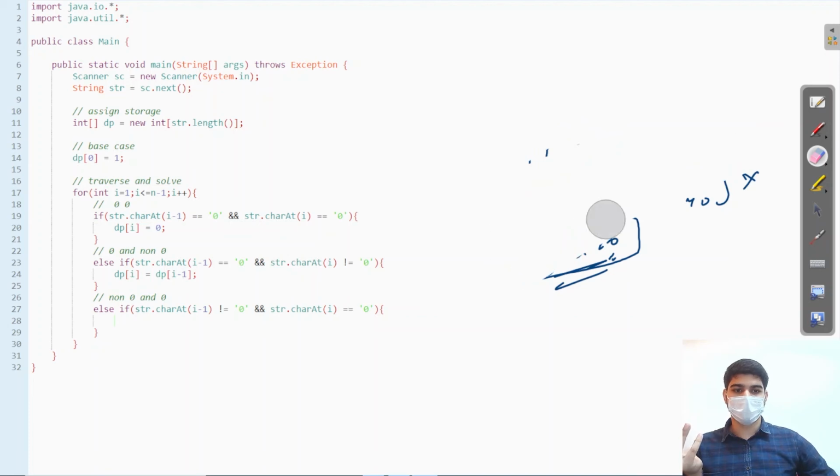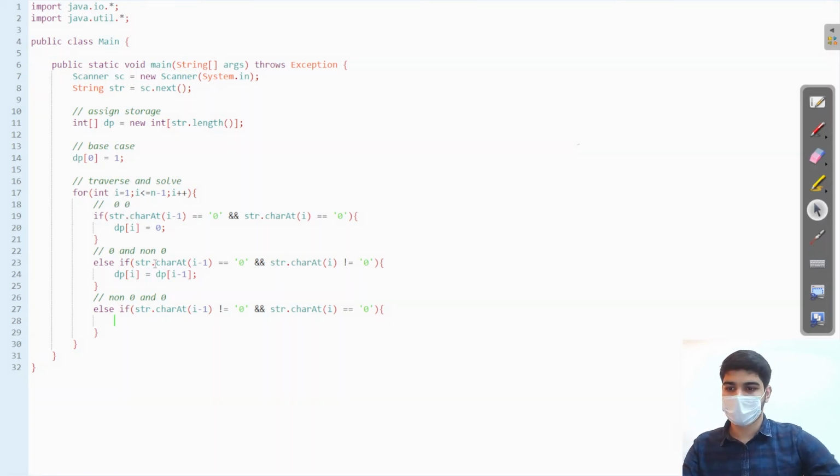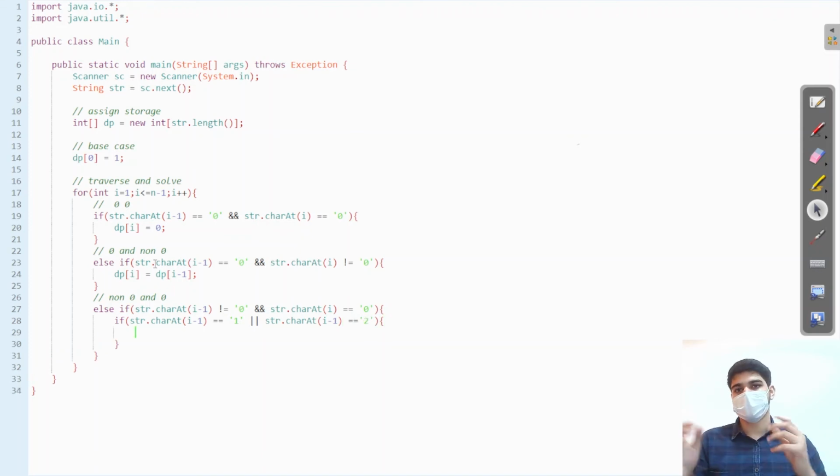So let's write this. Take the cursor. If my string.charAt of I minus 1 is equivalent to 1 or equivalent to 2, in this case I can make a call of 2.